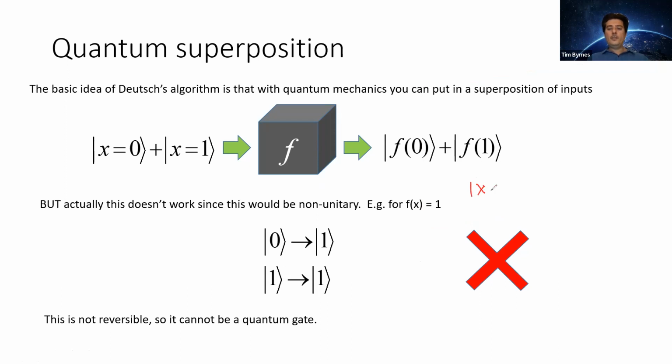So you have x, and instead of the state itself being changed, here what we were trying to do was say, if the input is x equals 0, then the output is f of 0, and this is why we ran into problems with unitarity.